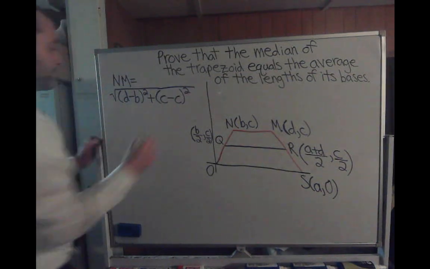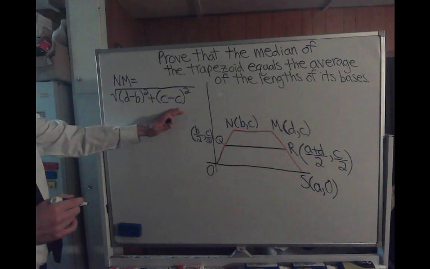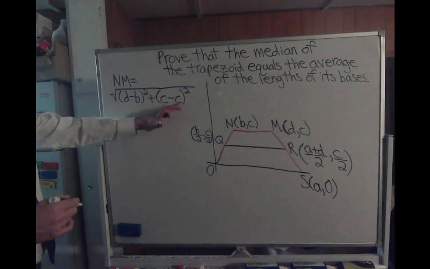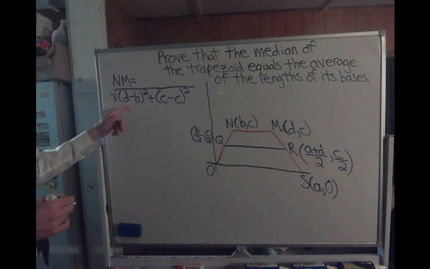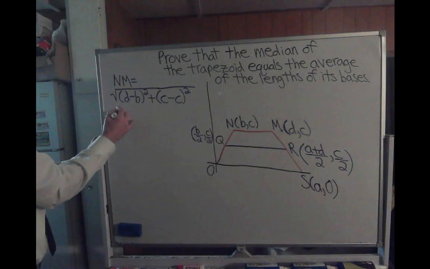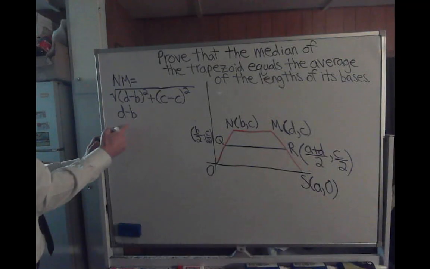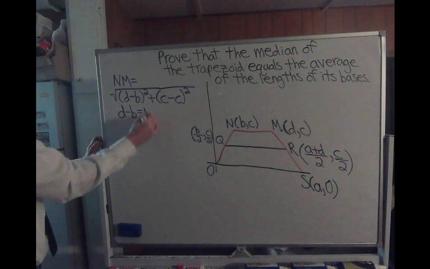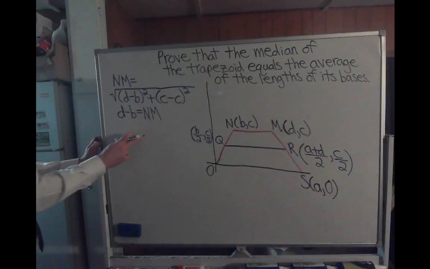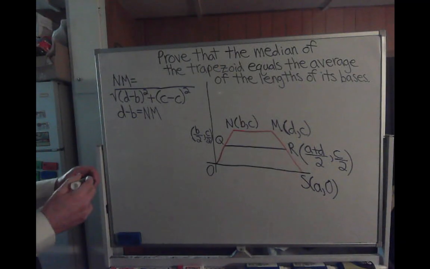Well, C minus C is just what? That's 0. All we really have to worry about is the square root of D minus B squared, which would just give you D minus B. So the length of NM equals D minus B. So we found that.